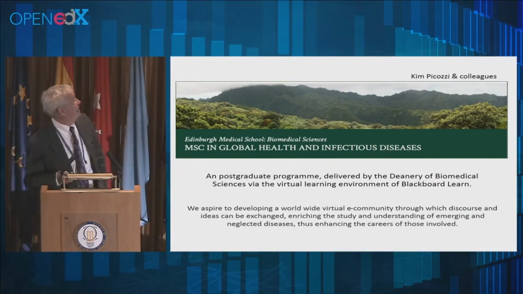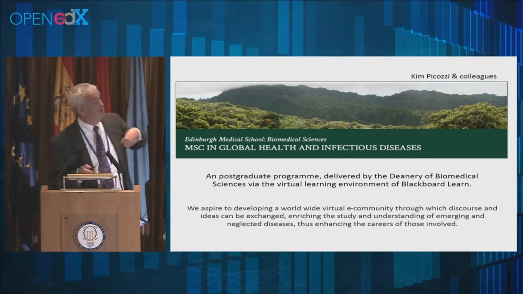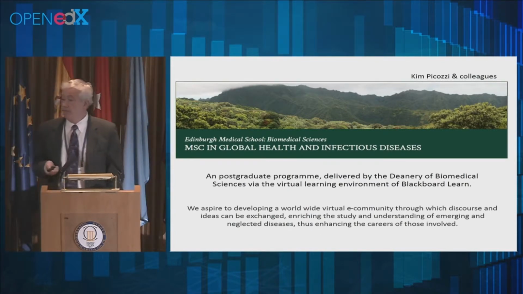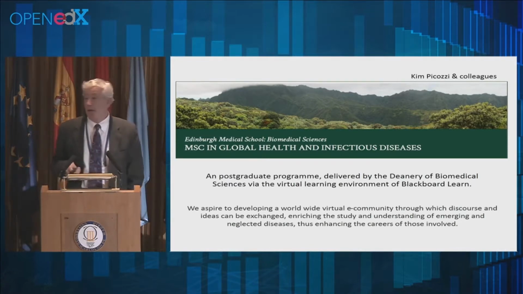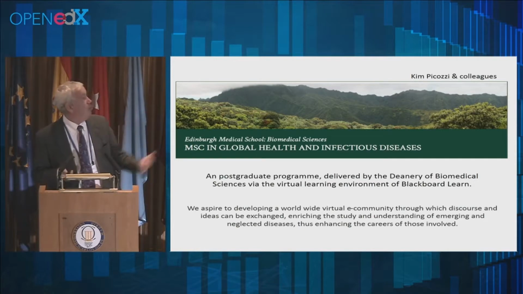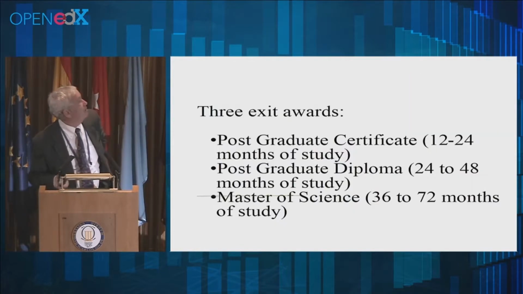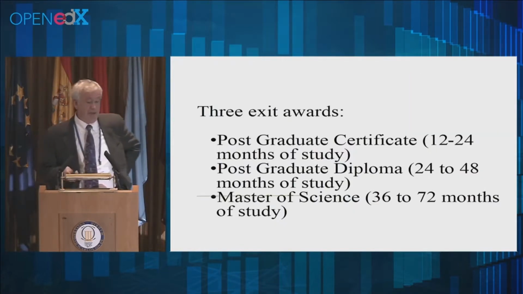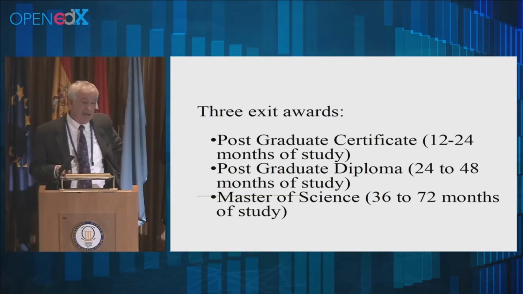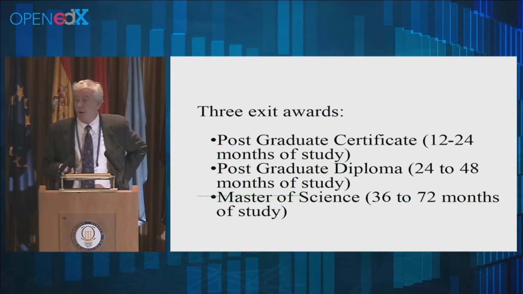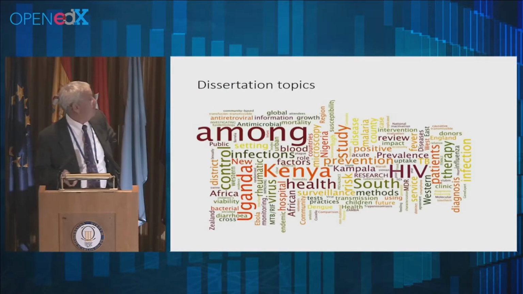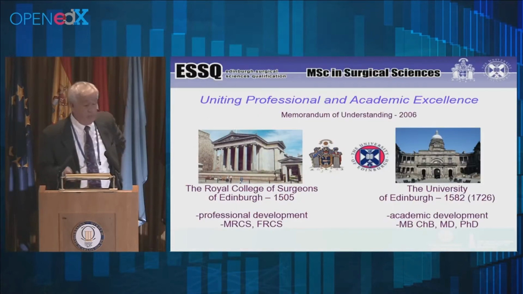So the Global Health Academy has online masters in infectious diseases, produced in partnership with colleagues in places like Uganda and Tanzania, with support of agencies like the Gates Foundation, and very much outward looking from our very strong medical base. And again, if you look at that, online masters, it has different exits, depending. You might be a paramedical, or you might be somebody who's already a doctor. And really nice dissertation topics.